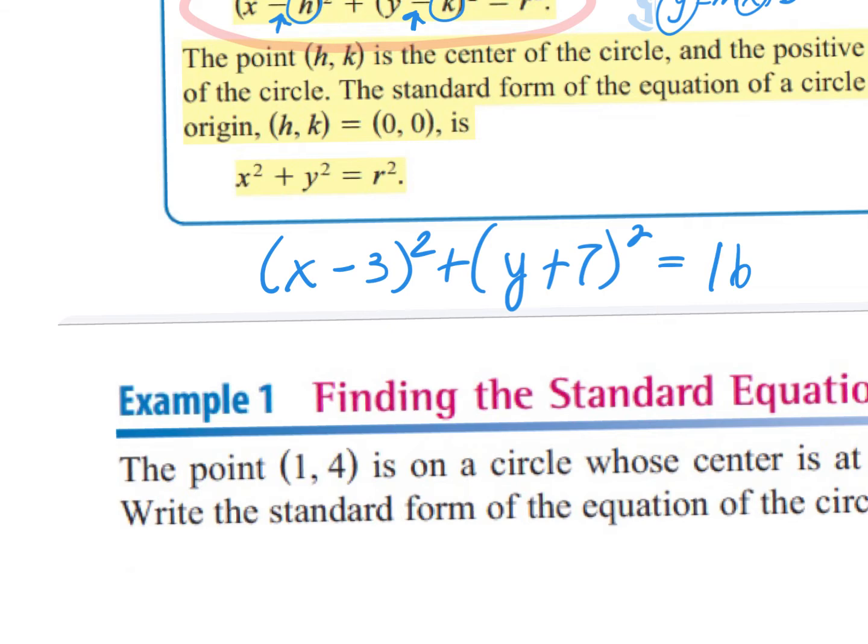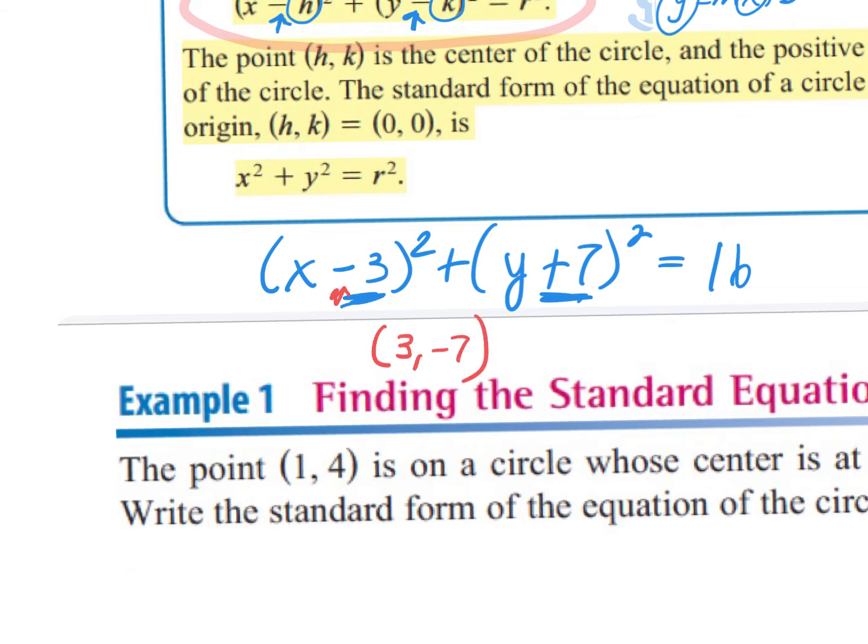Your center is h and k. But remember, when you plug in a positive number, it looks like a negative in the equation. So when you're given an equation in standard form, the center is the opposite. So it would be 3 comma negative 7.